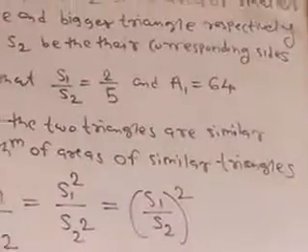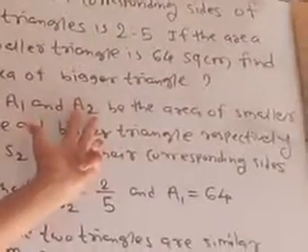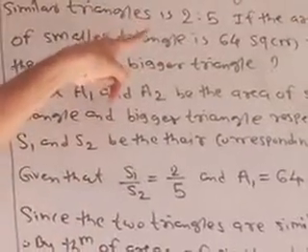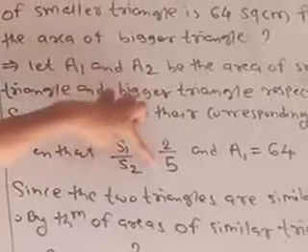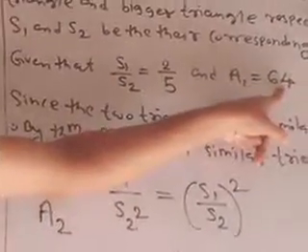S1 is the side of the smaller triangle, S2 is the side of the bigger triangle. What is given? Ratio of sides S1 upon S2 equals 2 upon 5, and the area of the smaller triangle is 64, so A1 equals 64.